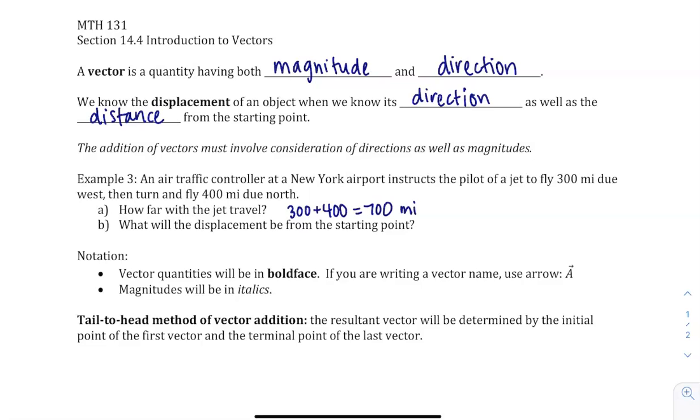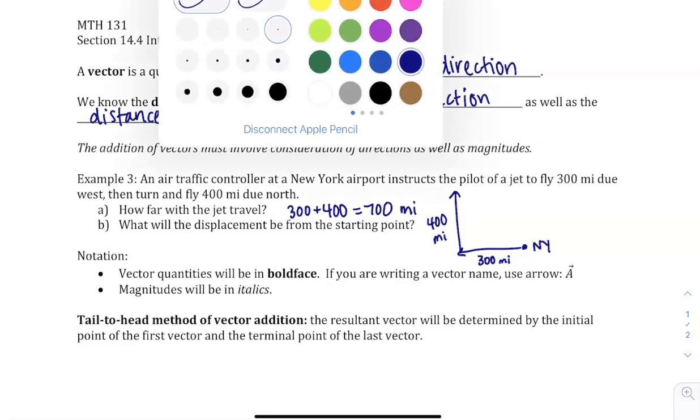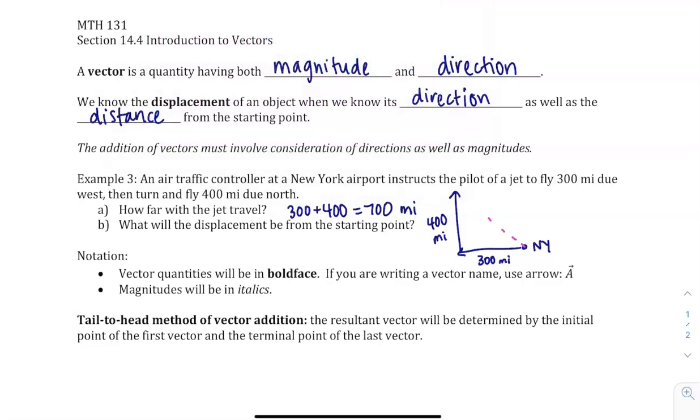But maybe we're not interested in the total distance they traveled, just how far away they are from the starting point. So if we start here in New York and we go 300 miles due west, and then take a turn and head south for 400 miles, how far are we from the starting point? Really, if we had just gone there directly, how far would that have been?